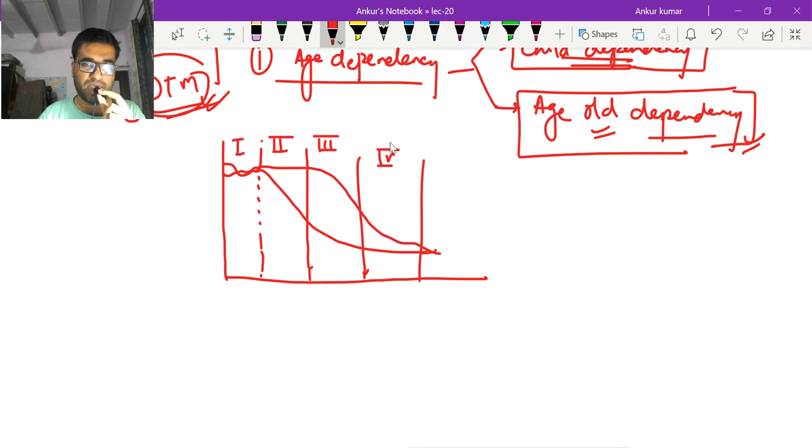And we discussed yesterday that no state in India can be clubbed in a single stage of the demographic transition model. In India, different states fall in different categories. For example, Bihar and many eastern states still are in the second stage of demographic transition. But many states which are experiencing the demographic transition, where the working age population is higher, for example Haryana, Punjab, and Maharashtra, are in the third stage.